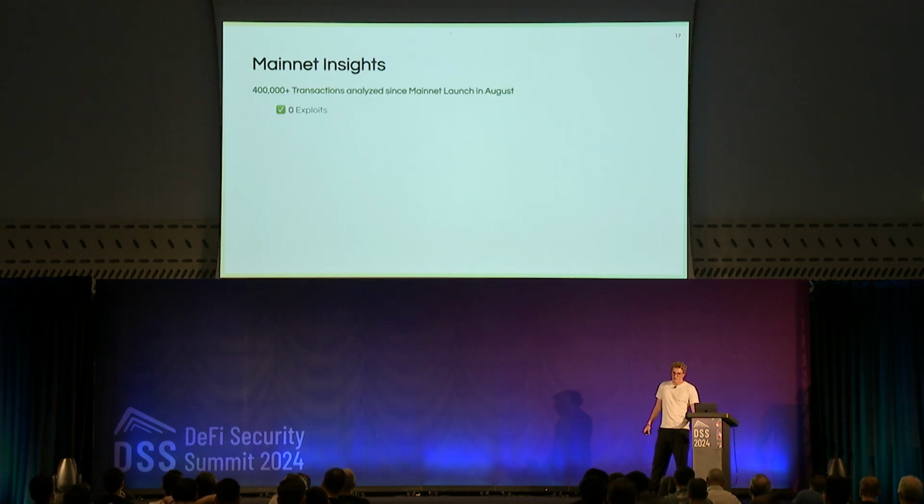Well, the good thing is this is live. More than 400,000 transactions have been analyzed since our mainnet launch in August. So far, there have not been any exploits and also 0 false positives. We also aim to collaborate with blockchain security and let them know if we see any suspicious activity.